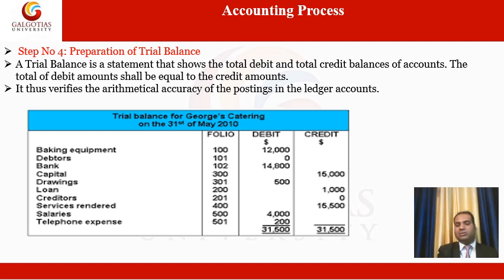The total of debit is always equal to the total of credit, right? And the trial balance checks the arithmetical accuracy of the posting in the ledger accounts, right? I hope it is clear to everybody.